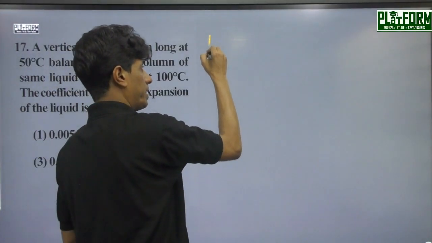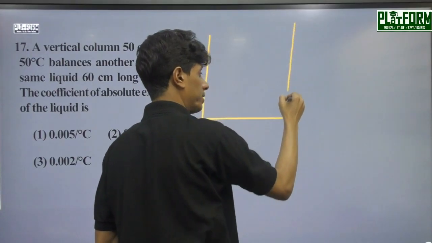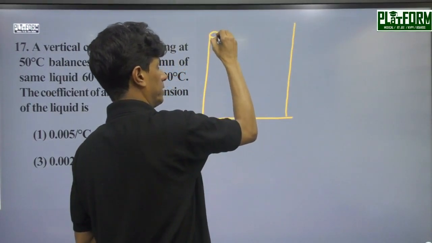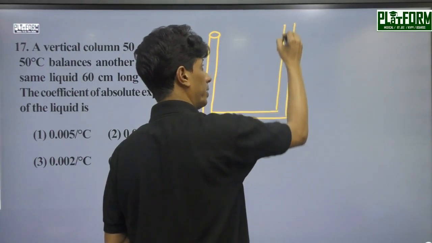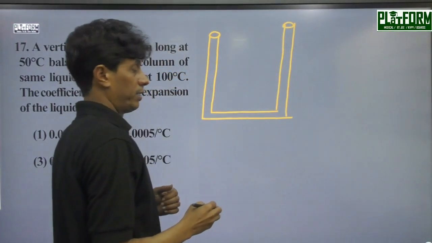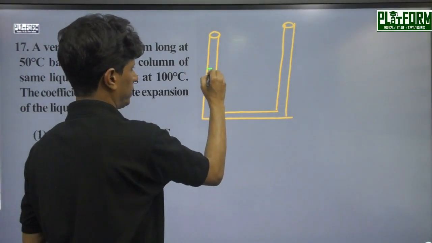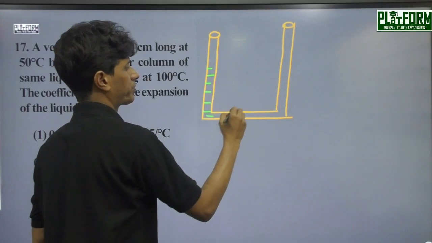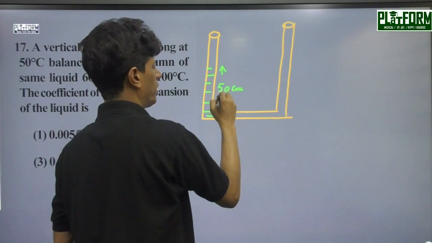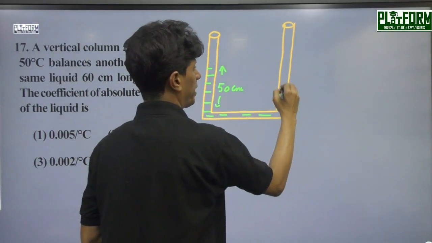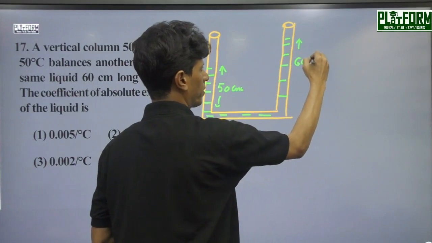If we consider a U-tube, this is the container of liquid having two arms, and on one side the height of liquid is 50 centimeter, and on the other side the height of liquid is given as 60 centimeter.